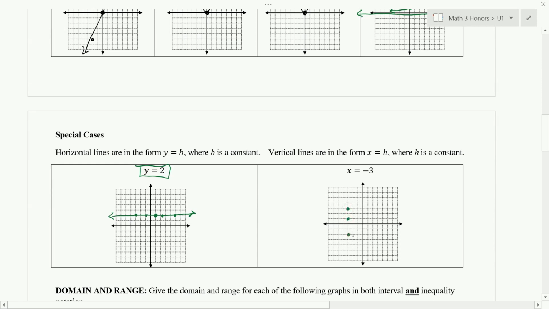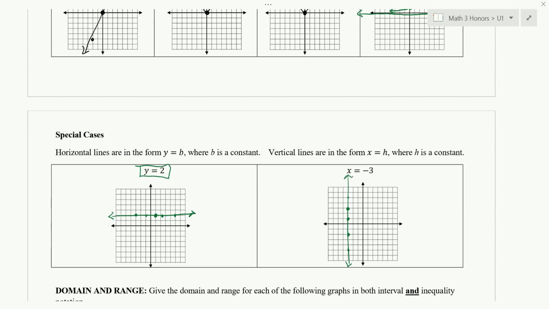So x is stuck at -3, and you end up with this vertical line going through x equals -3. Some people get confused with these because they say, well, here's a y, and the y-axis goes up and down, so it should go up and down. But that's not true. y is fixing the height. So the height is stuck at 2 as x moves left and right.